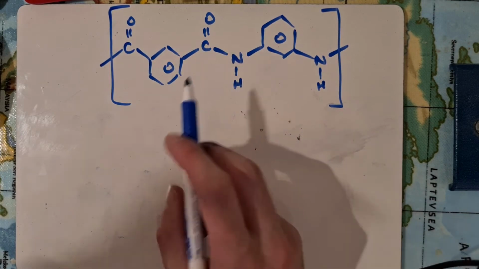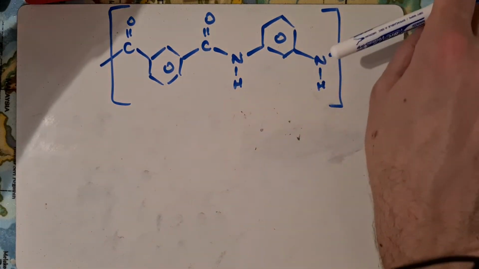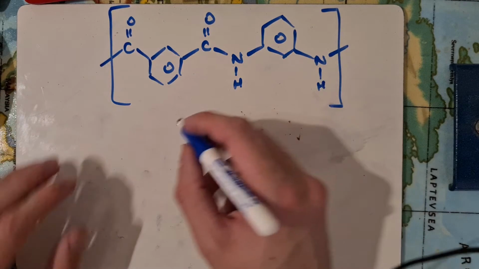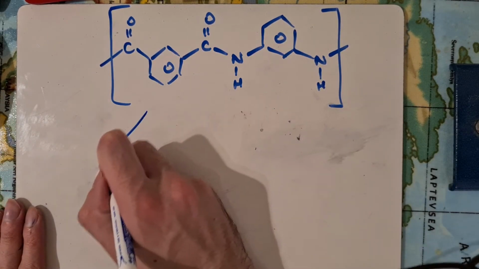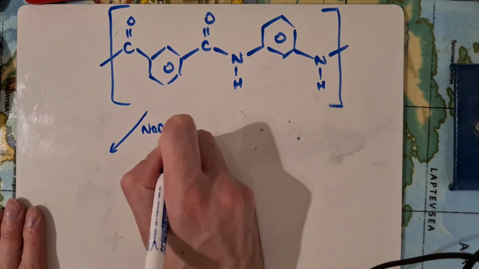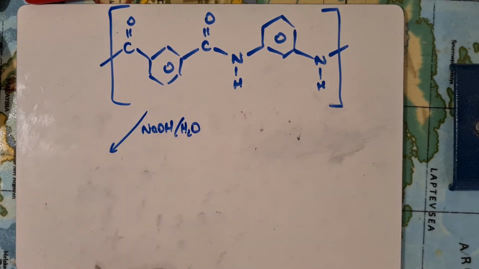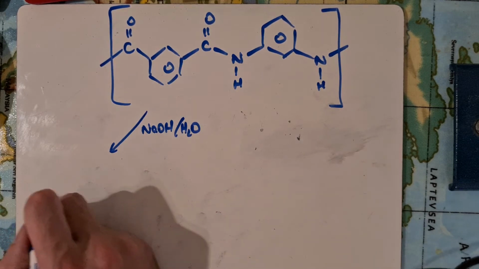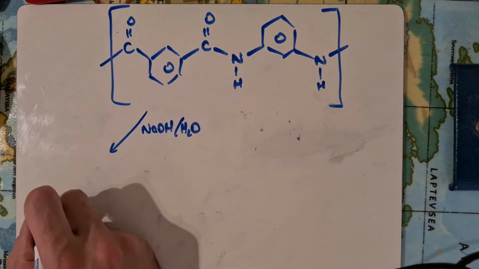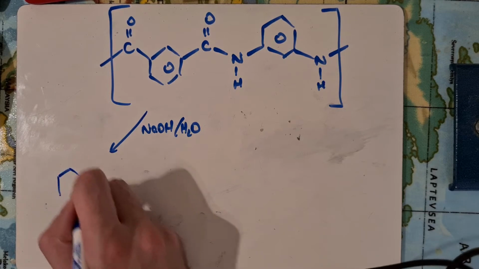So amide bond here. First up, if we do base hydrolysis, so hot aqueous NaOH, we are again going to form a carboxylate salt.